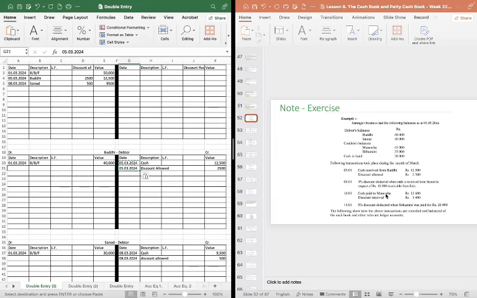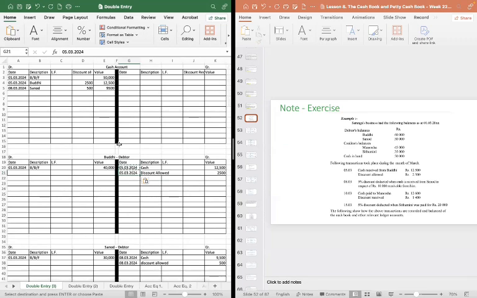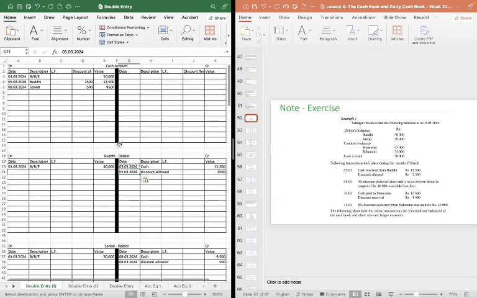Now, when Saranga is paying cash to Manisha, what is happening to the cash book? Is the cash balance going up or going down? Going down, sir. Okay. The cash balance is going down, 12,600.